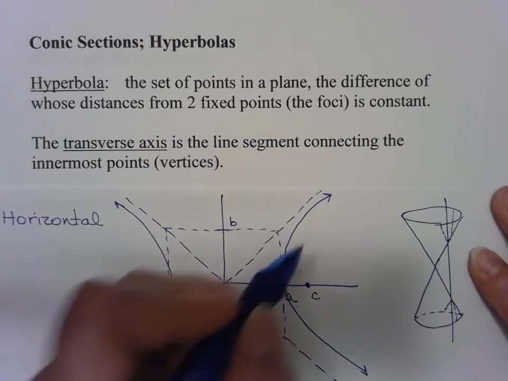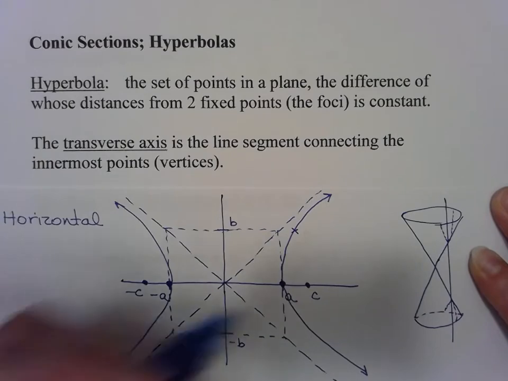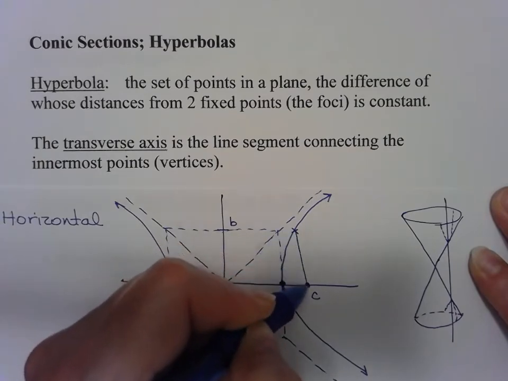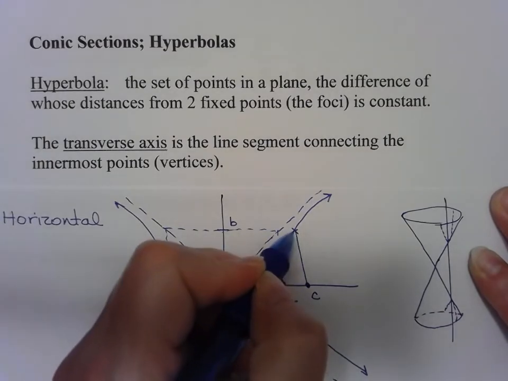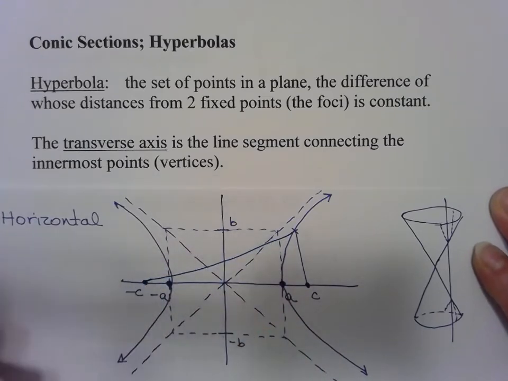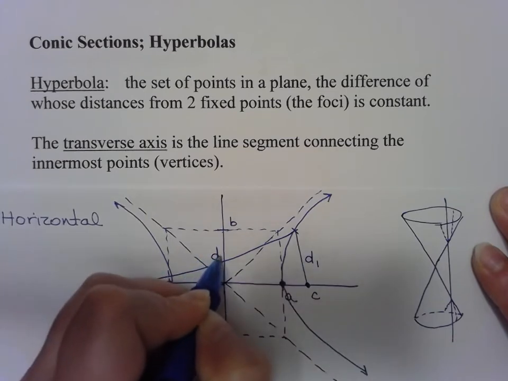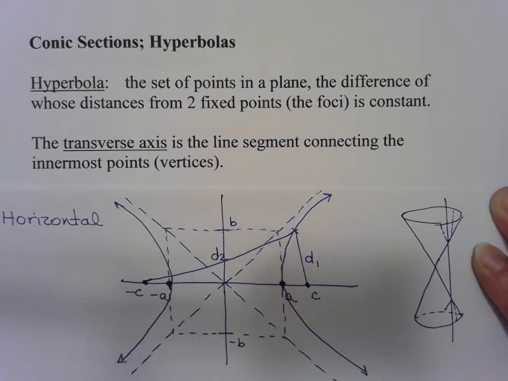So if I were to pick a point on the hyperbola, let's say I picked this point, and I measured the distance from this focus point, and then I measured the distance all the way across to this focus point, this is saying that I could subtract these two distances. Since the way I have it, distance 2 looks longer, we'll say distance 2 minus distance 1 is a constant.